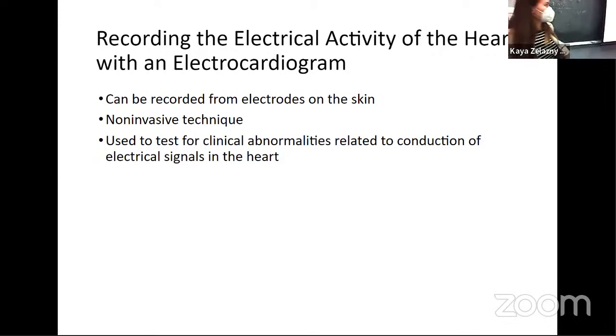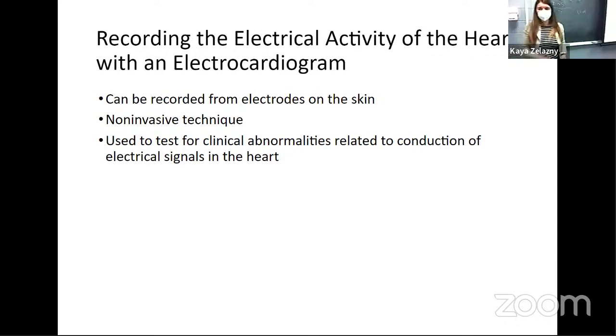So as we're testing whether the system is working right, we're going to put electrodes on people's bodies, on the skin, in order to measure the heart. Now we can do that because your body is mostly water, right? So this electrical activity, even though it's not sending off action potentials willy-nilly in your body, you can measure it with an electrode, just like you've been doing in phys lab.